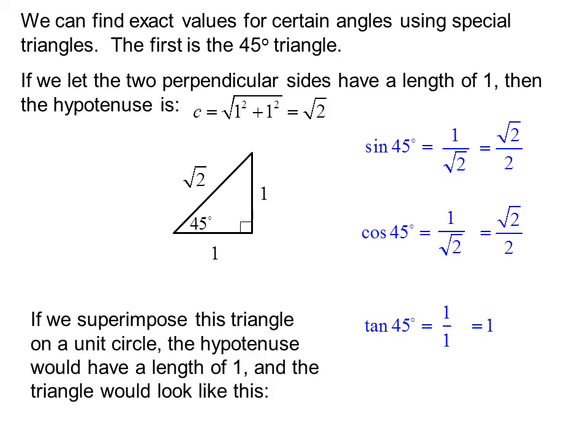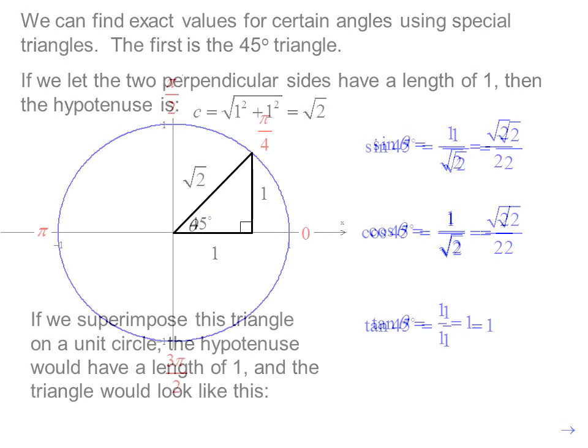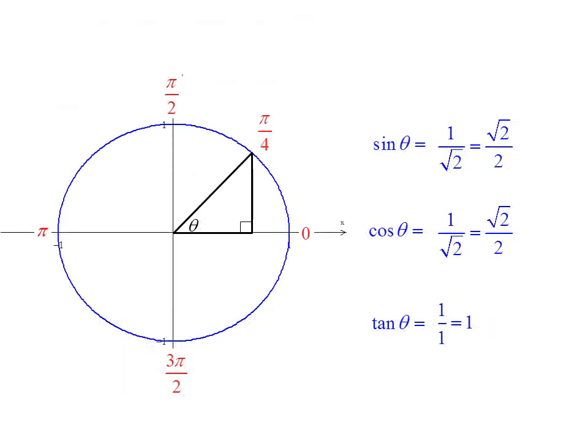or 1. If we superimpose this triangle on a unit circle, the hypotenuse would have a length of 1, and the triangle would look like this. The sides would be radical 2 over 2, radical 2 over 2, and the hypotenuse would be 1.